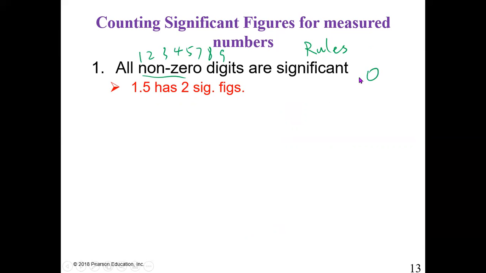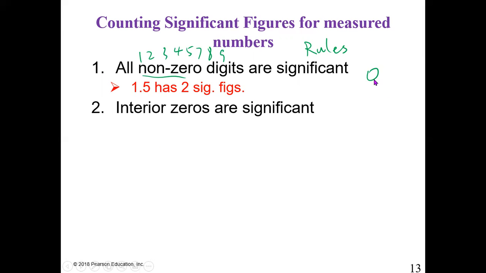So any of those non-zero digits are always significant. In this example, if I tell you 1.5 is a measured number with 2 digits, and both digits are non-zero, we say 1.5 has 2 significant figures.